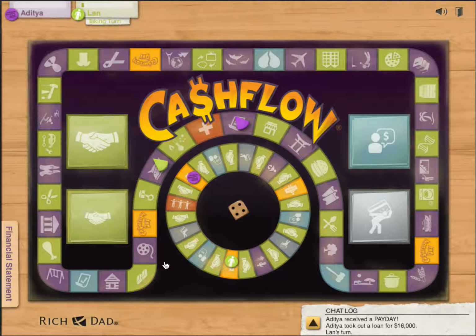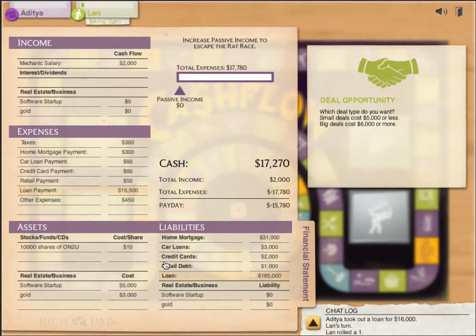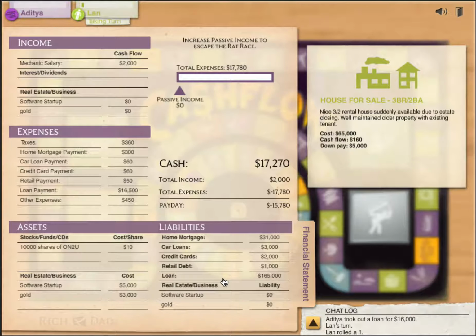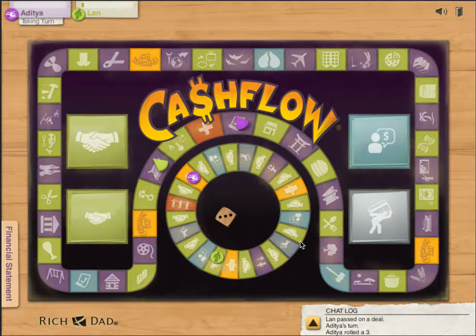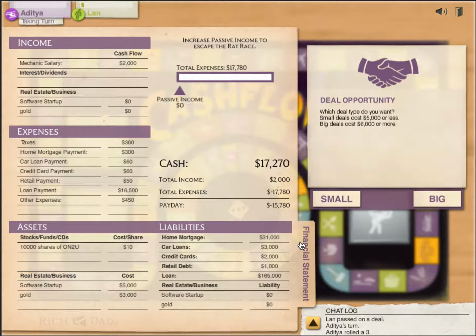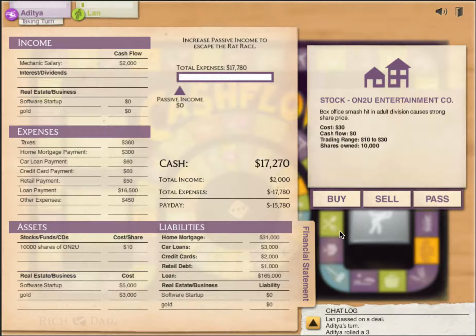As you can see, our loans are just starting to pile up. We're now at $165,000 in loans with a $16,500 loan payment. But that's alright because we can continue to borrow in this game. So now we found a selling point.